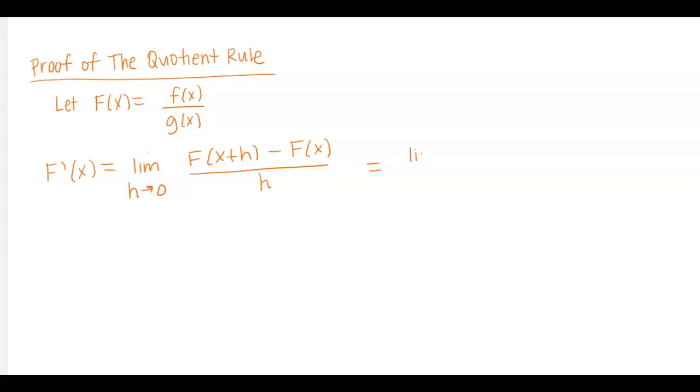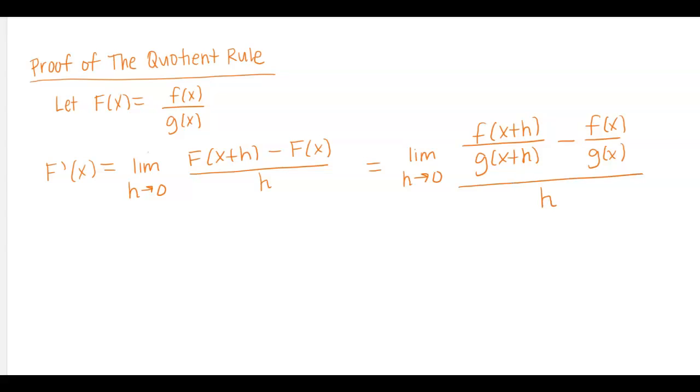But this will be written in terms of that rational expression that we have there. So I'll do f of x plus h divided by g of x plus h minus f of x over g of x. And then that whole thing is divided by h.